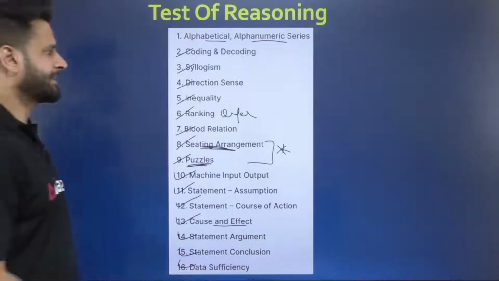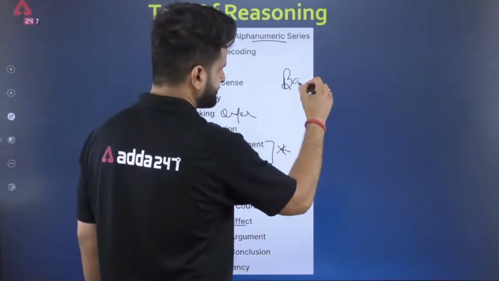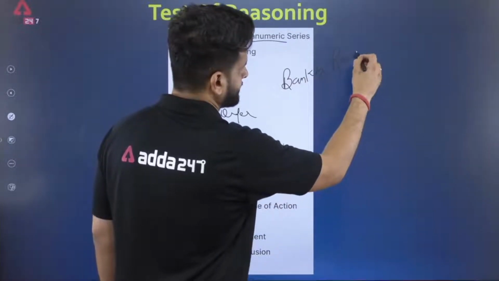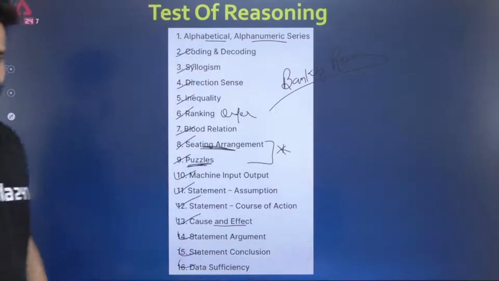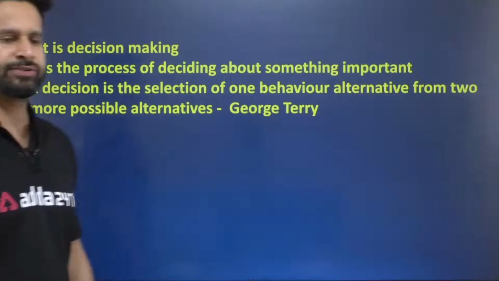So basically I can conclude that this test of reasoning part is based on banking reasoning, right?